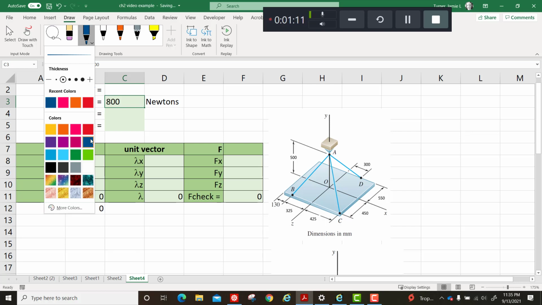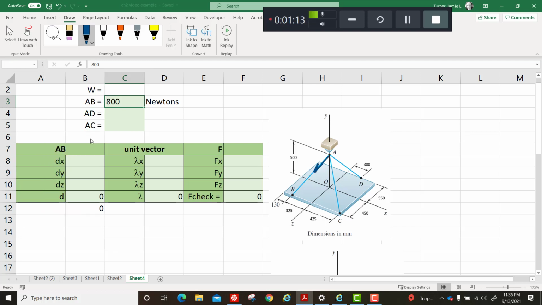Okay, so here's AB, and it's pulling down and back. So if we look at what directions we're going in here, this is going to be 500 down in the Y direction, and then for our Z direction here, we're coming all the way through this 450, and then the X direction is going to be negative, and it's going to be this negative 325.